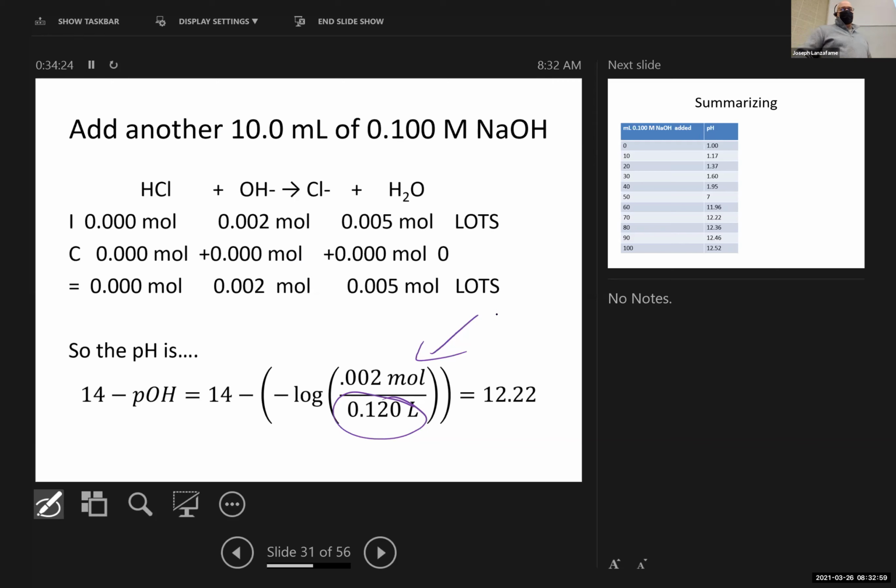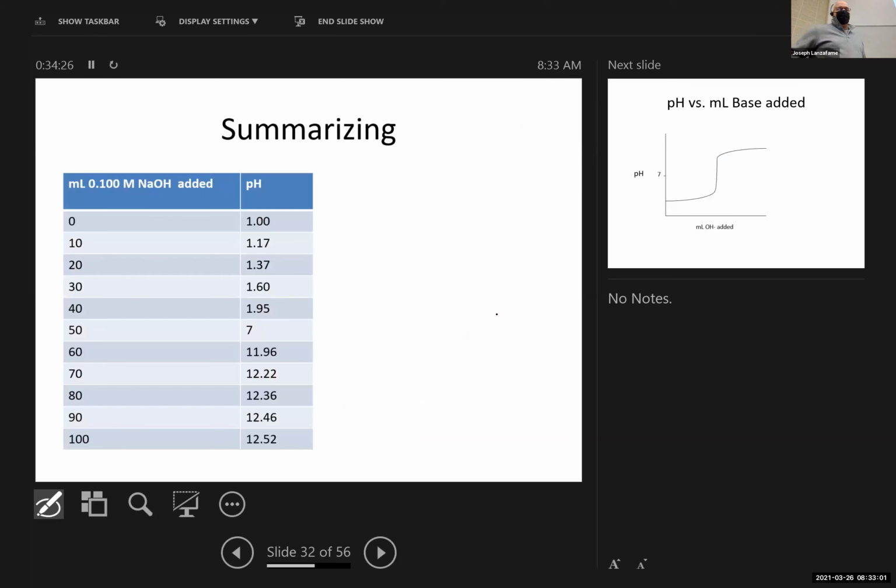All the drama is over. And so, as I predicted, even in relatively large steps, I can see the basic pattern of my titration curve. I have a gradual change of pH at the beginning, then it very rapidly changes from 2 to 12.